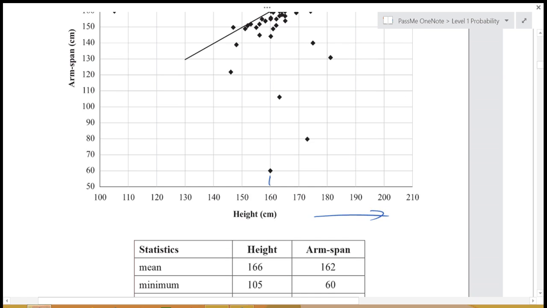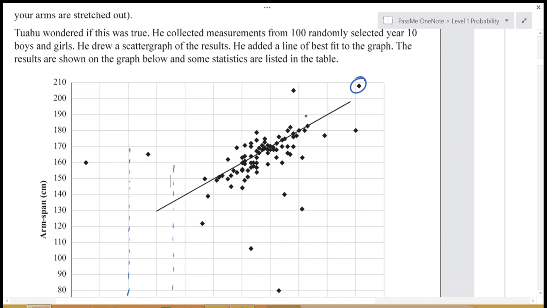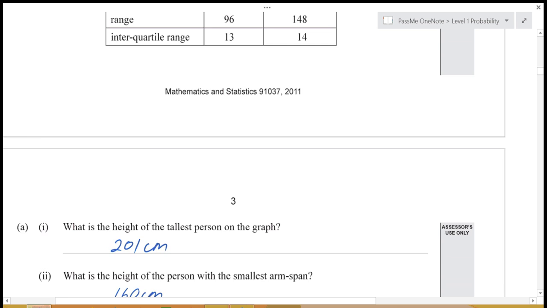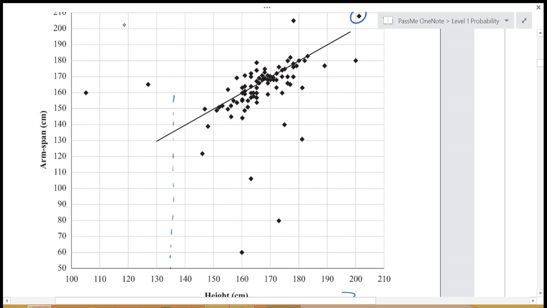Okay, how many people have an arm span between 120 and 135? So we'll just scroll up to the graph again. So 120 is coming along here, and 135 is along here. Just check up, make sure we're not missing any. I'm supposed to be looking at arm span, and that's height, so we'll track across from arm span.